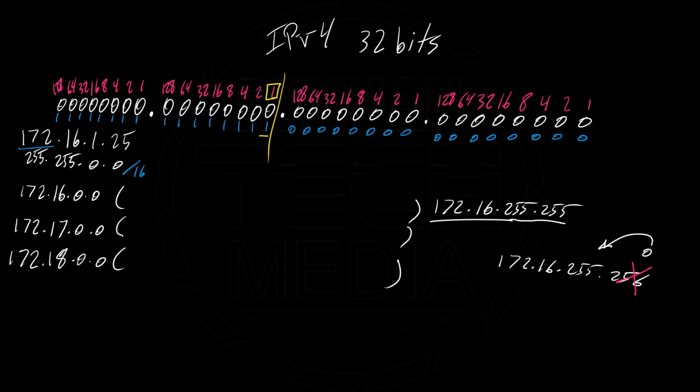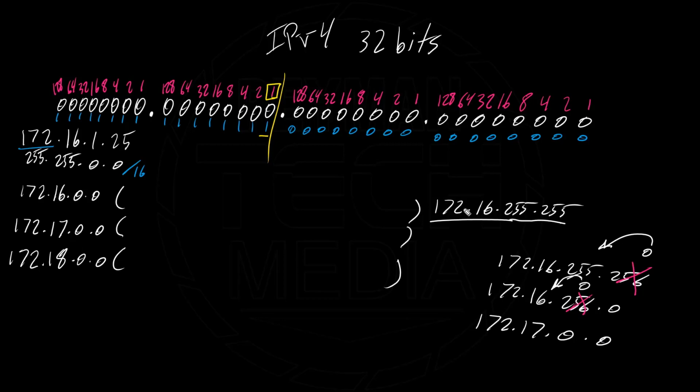Then it would be 172.16.256.0, which again we don't have 256. So here also would be 0, and it will add by 1 to the left here. So that's why we see 172.17.0.0, which is this one here.